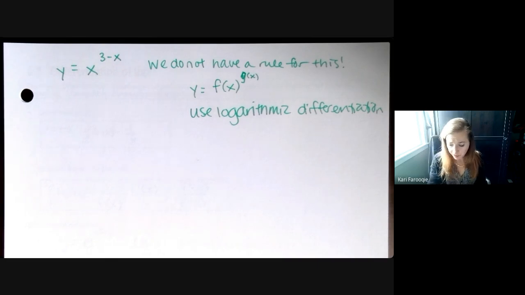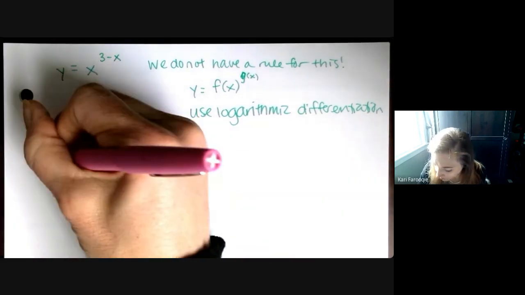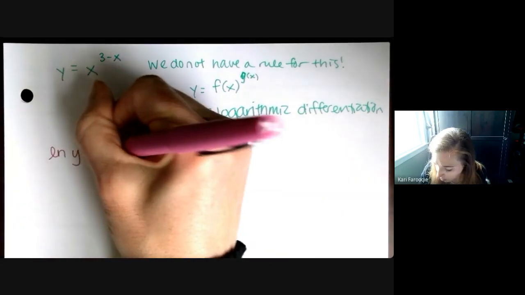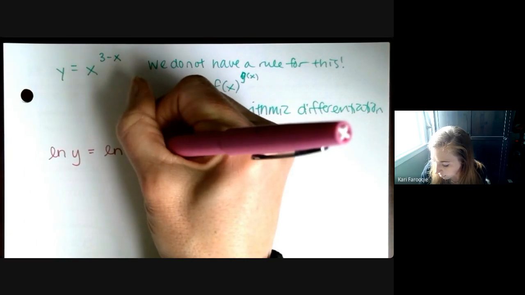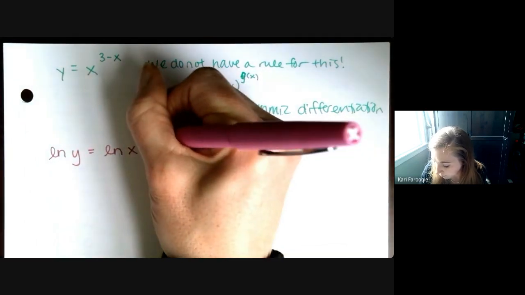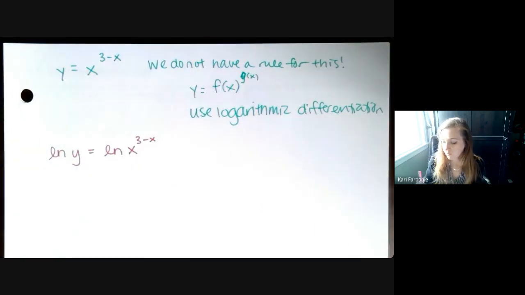All right, so in order to use logarithmic differentiation, I am going to take the log on both sides. ln y is ln of x to the 3 minus x.